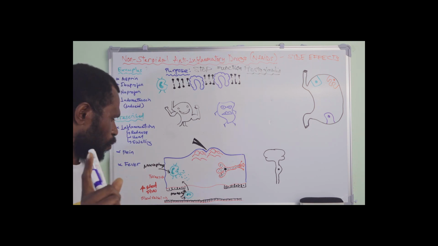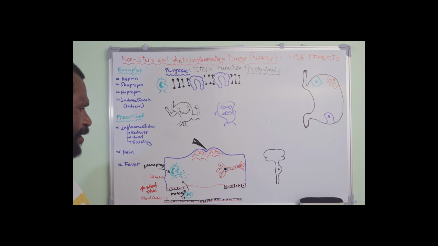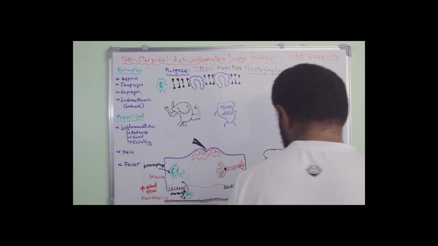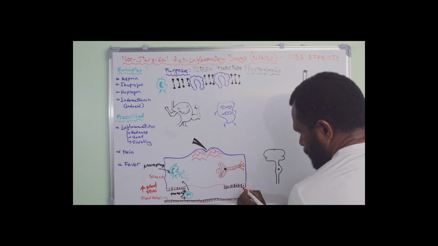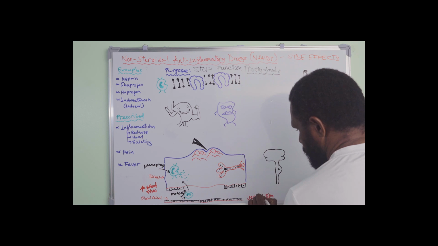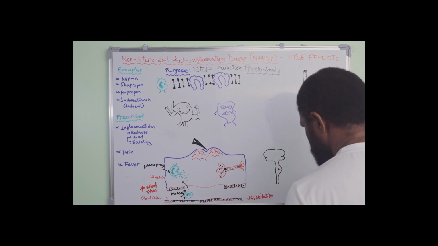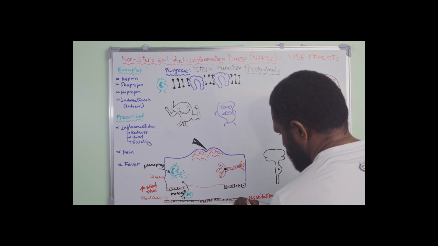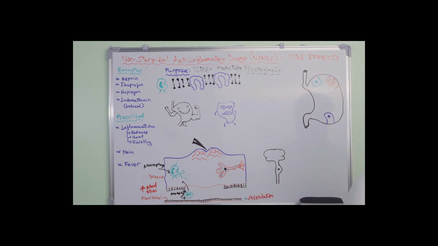But there is also one thing that it does. So let's say one of the functions of prostaglandin is vasodilation. Okay. Vasodilation that is caused by secretion of these prostaglandins.